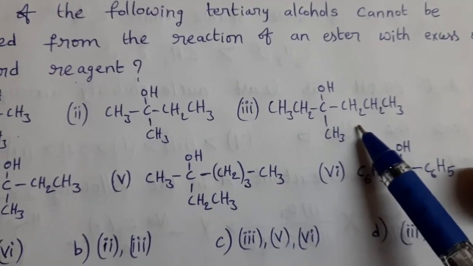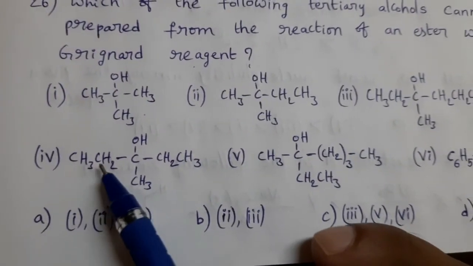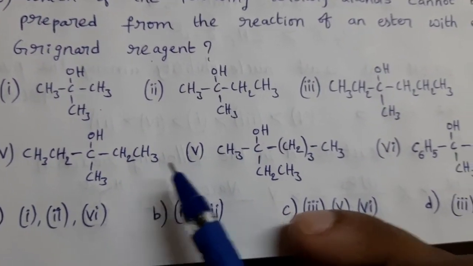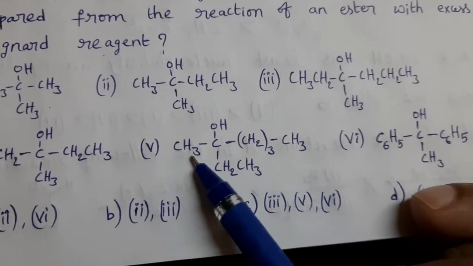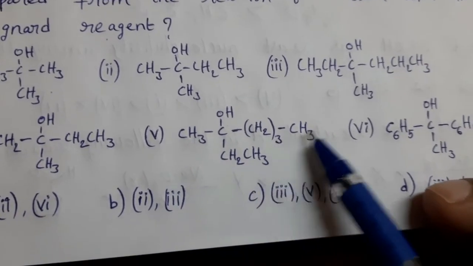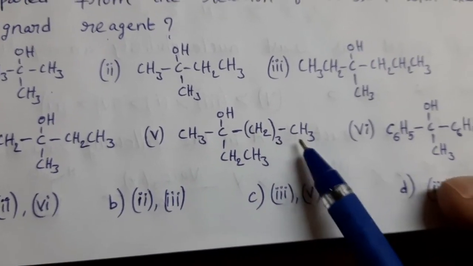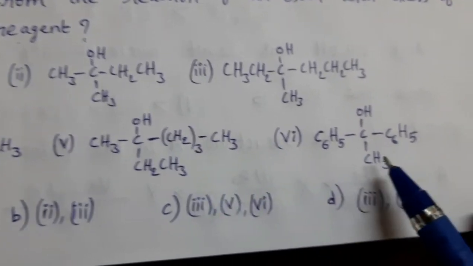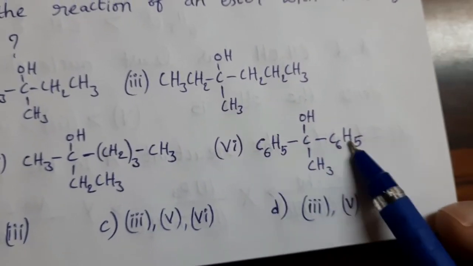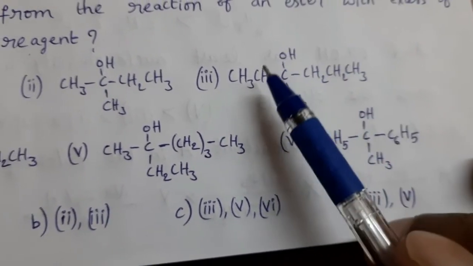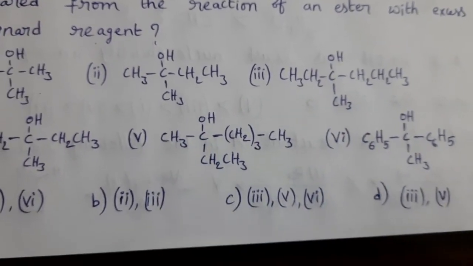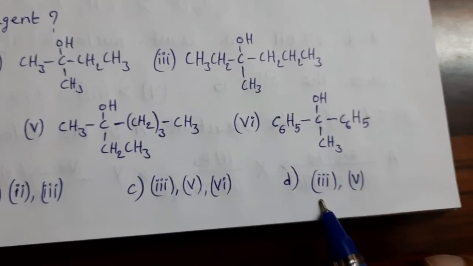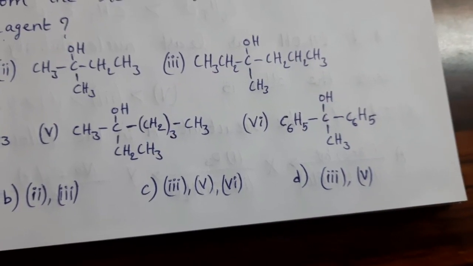This compound cannot be prepared. Ethyl, it can be prepared. Here methyl, ethyl, butyl. This is also we cannot prepare. Phenyl, this we can prepare. So compound 3 and 5 we cannot prepare. So option D is the answer. Okay, we'll meet you in the next class.